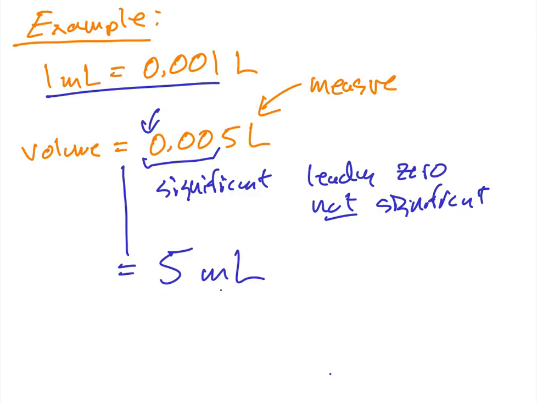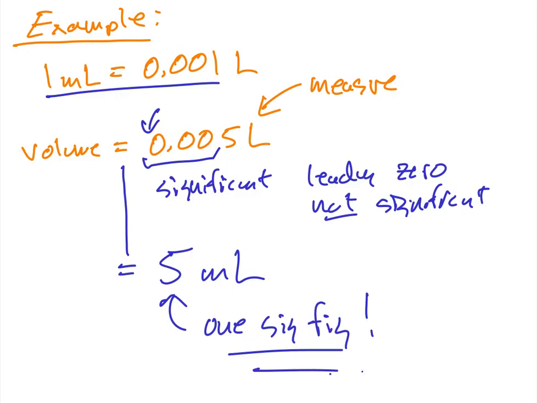Now, once we get to 5 milliliters, it's very clear that we only have one sig fig. There's only one significant figure, right? So what were these zeros doing? Well, all those zeros were doing were holding the place of that numerical value, that magnitude. And that place just simply depended upon what unit we decided to represent the number in.